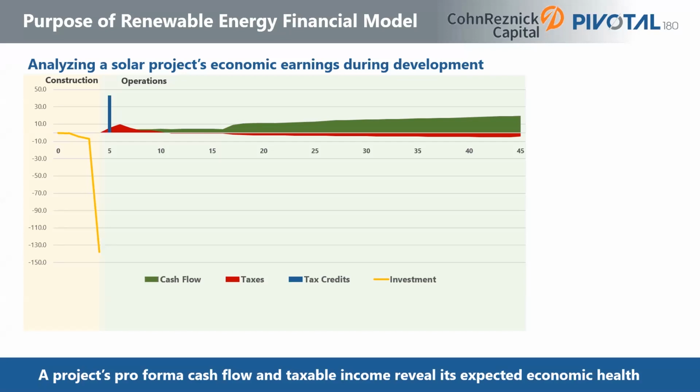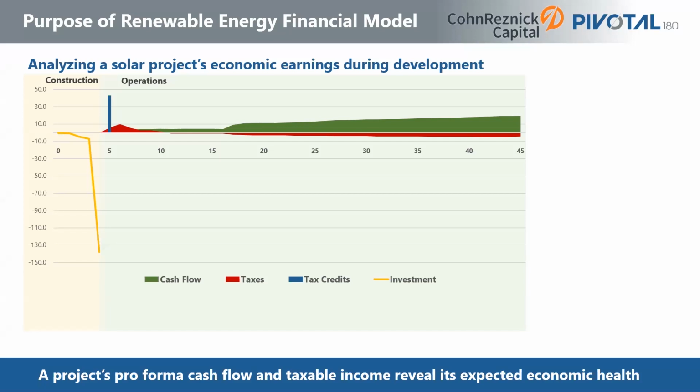Hi, Manish. There's one good question that's popped up here as well, which is how would this look different, this picture here, if this was a wind deal with PTC? Yeah, sure. Very good question.